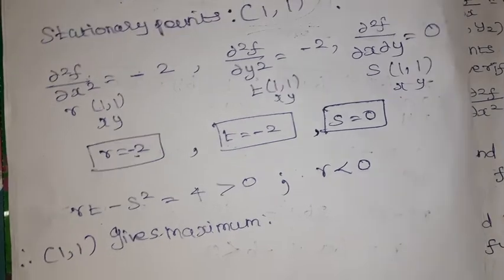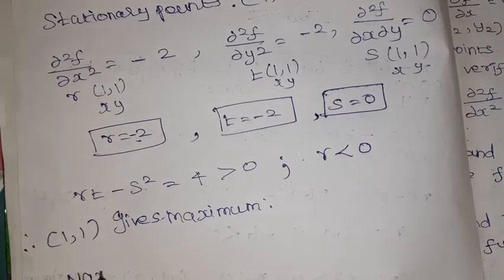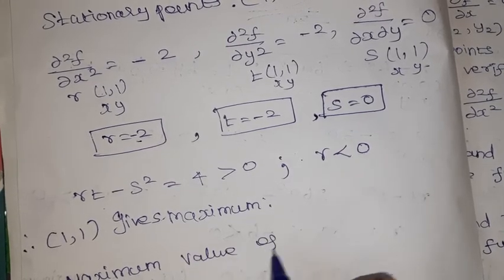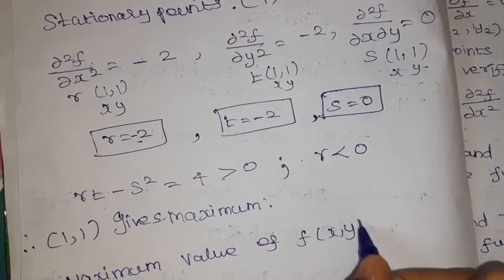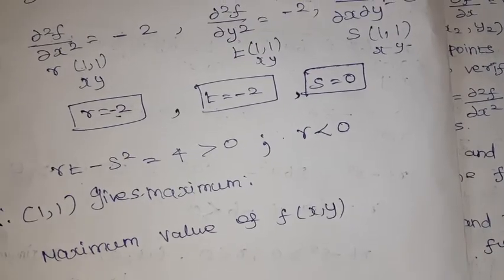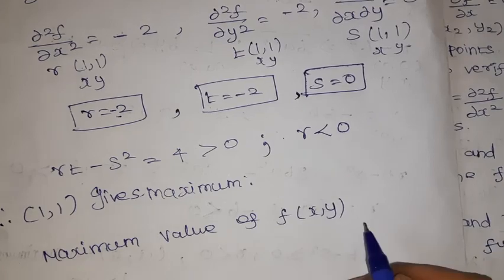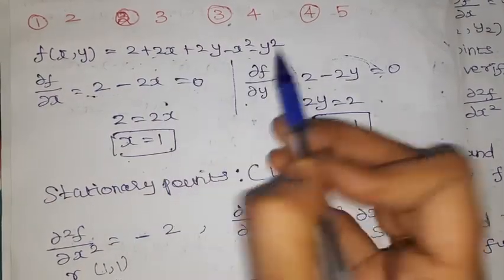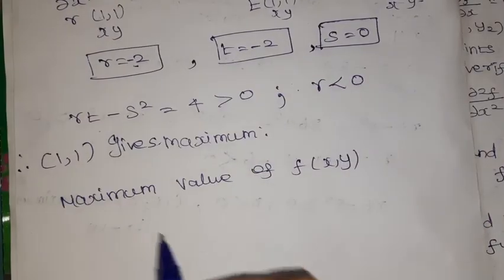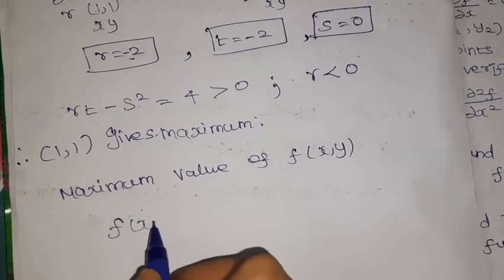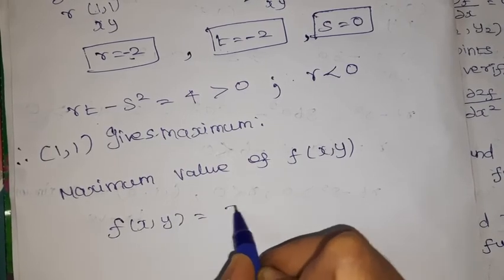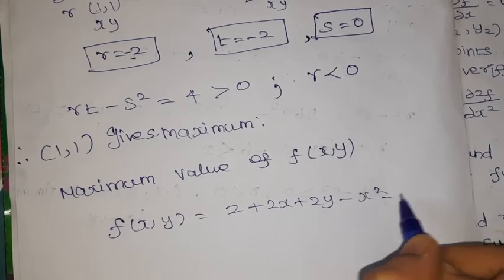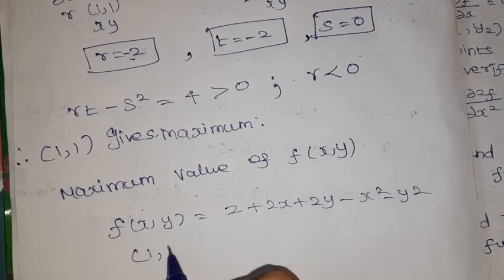Then what is the maximum value? We need to find out the maximum value of f of x comma y. What is f of x comma y? 2 plus 2x plus 2y minus x squared minus y squared at the point 1 comma 1.